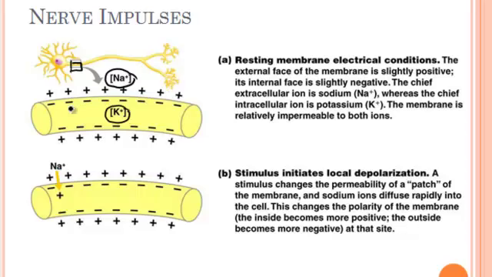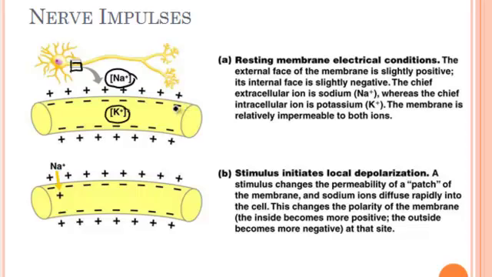On the inside, we have a negative resting potential. The potassium ion is also positively charged, but there are other proteins and things in here that have a negative charge. So even though we have positively charged potassium, on the inside of the axon, because of the other things inside the cell, we have a negative charge. So positive on the outside, negative on the inside.